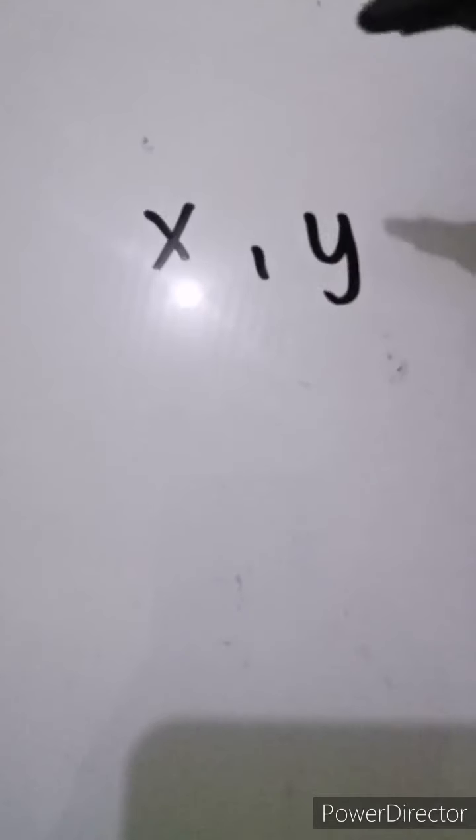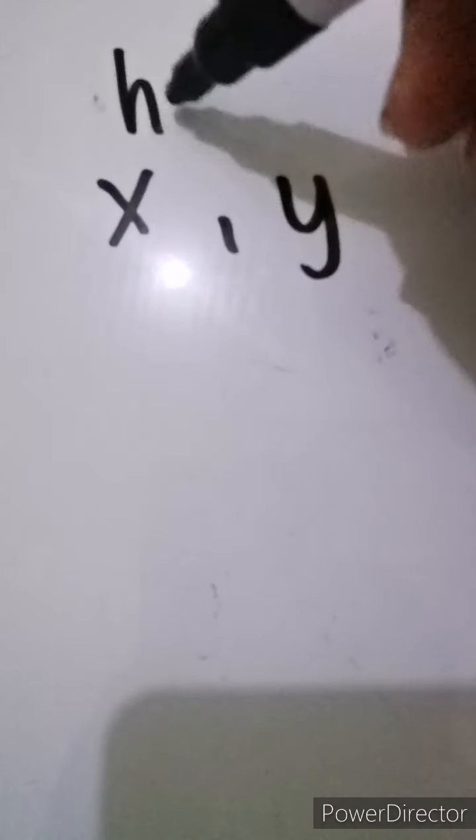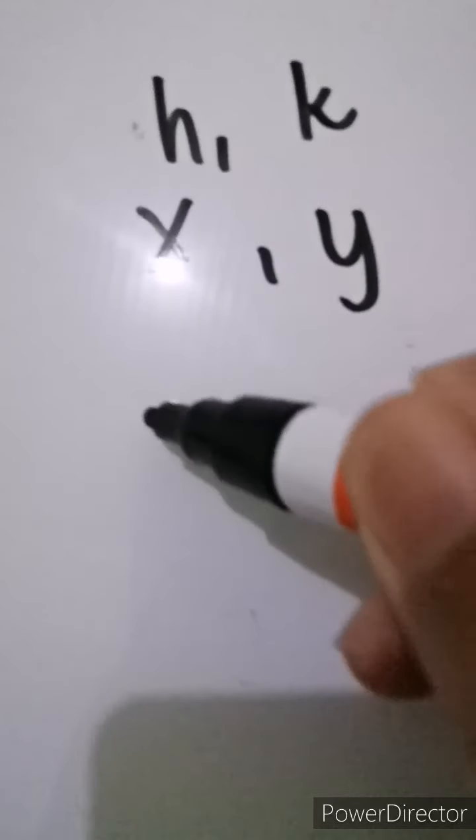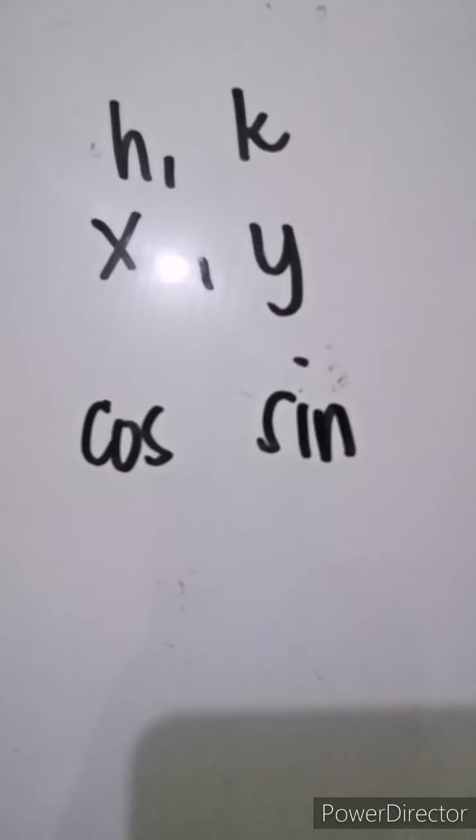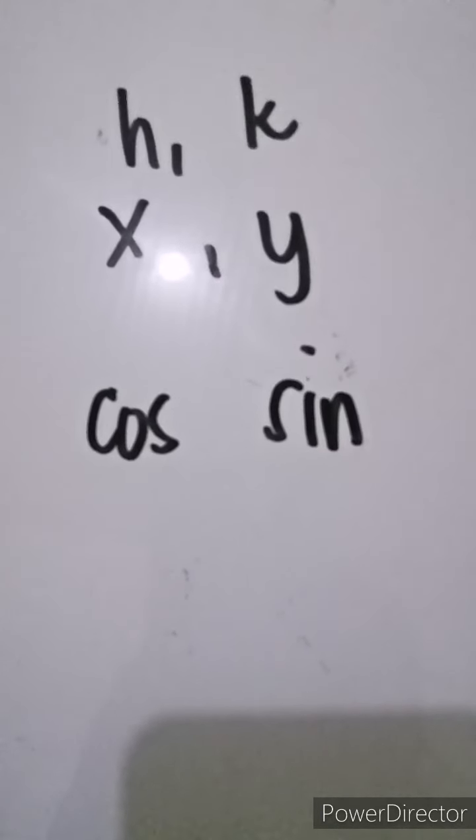So, trigonometry is somehow related to algebra. In algebra, we have the x and the y. In analytic geometry, we have the h and the k. And in trigonometry, we have the cosine and the sine. So, dito hindi tayo masyadong gagamit ng hk, hindi tayo gagamit ng xy.